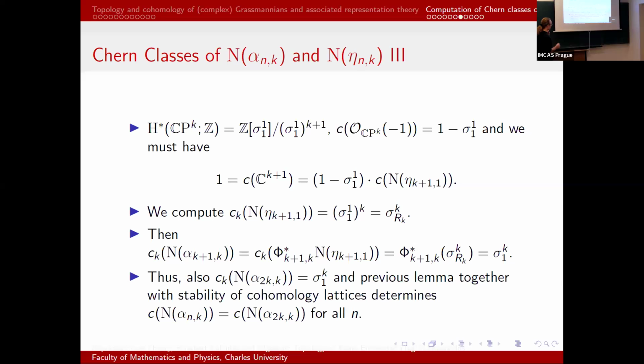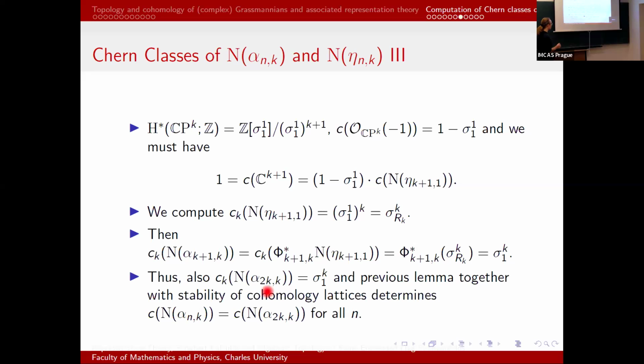And then we have to pull everything back by the map p k plus 1, k star. We know that it just transposes this partition. So from this partition, which is the row of k, we transpose it by phi star and obtain the column of length k. So we've computed the kth Chern class of this bundle.